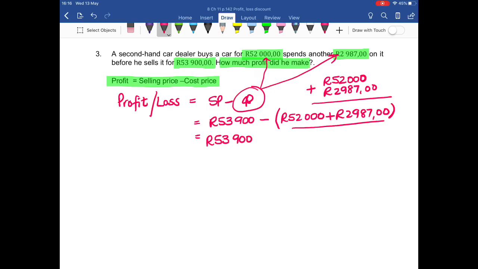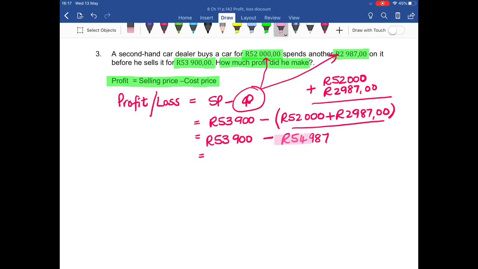If I add those two together, I will get a total of 54,987 Rand.